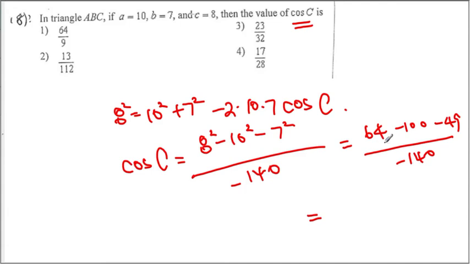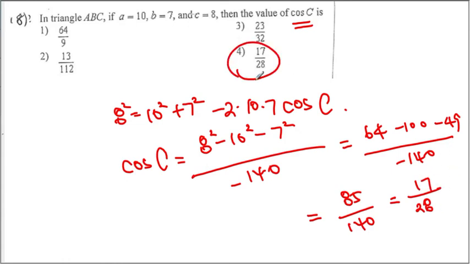We get negative 85 over negative 140. Now we can cancel out by 5's. Then we end up getting 28 on the bottom, and 17 on top. So 17 over 28.